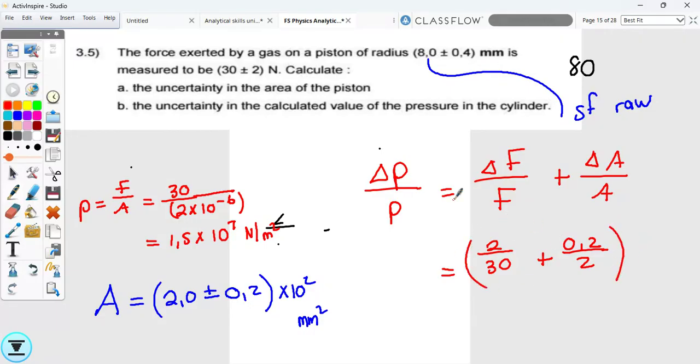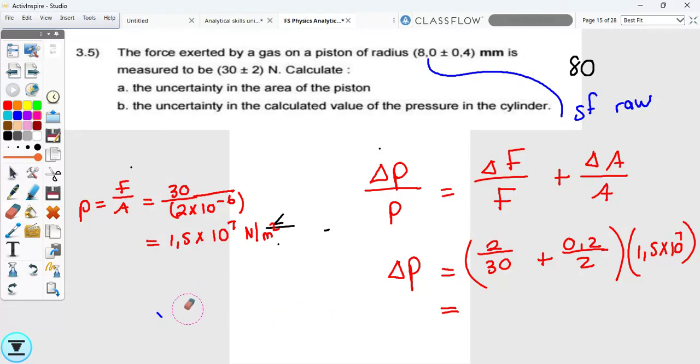But if we want the actual uncertainty, remember then we have to say actual uncertainty in P is then going to be the fractional uncertainties times by, and now this value must be in newtons per meter squared. So that must be in the real unit. So 1,5 times 10 to the 7. And this will give you now our actual uncertainty. Again, last time, calculator work, please.